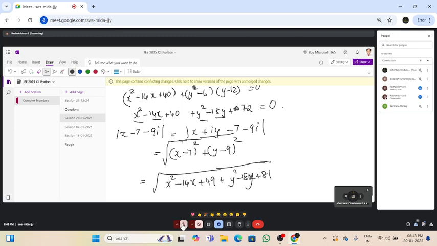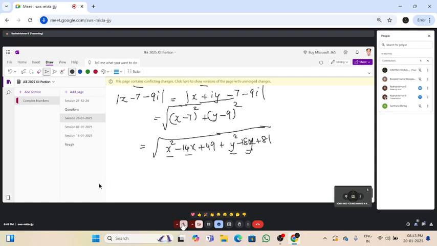So they are all appearing in this first equation, right? Which is going to become 0: x² − 14x + y² − 18y + 112 is 0. Okay, so we have to write it in that form. That's all. The root of x² − 14x + y² − 18y + 113, plus 130, 49 plus 81.